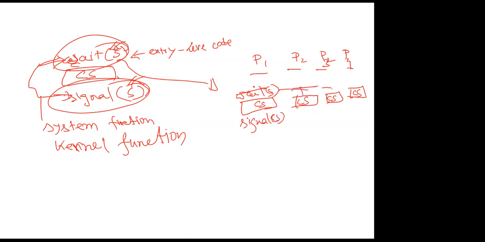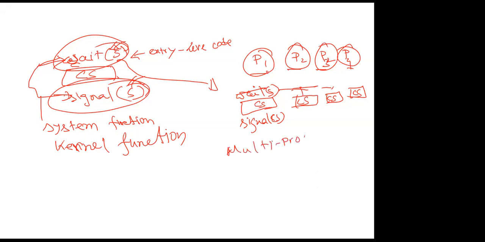Okay, from here you can see that this binary semaphore technique is not a two-process solution. You can use it for any number of processes. So this is a multi-process solution.